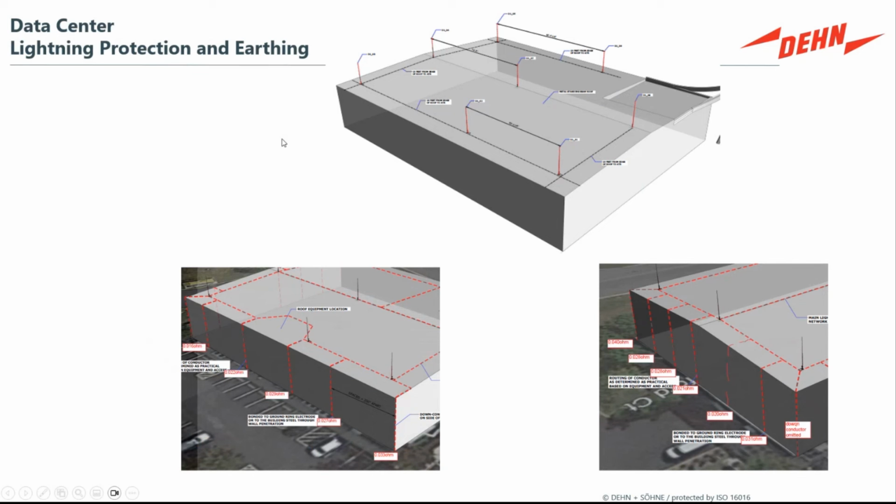Here's a few illustrations showing a protection system on a rooftop that has otherwise constraints because of concrete embedments and parking facilities where you can only install the down conductors into the area that's accessible.